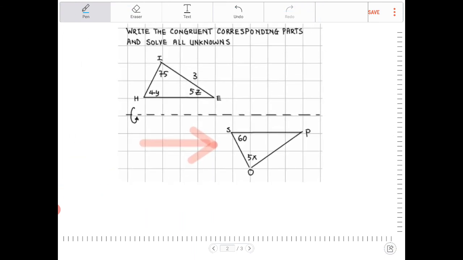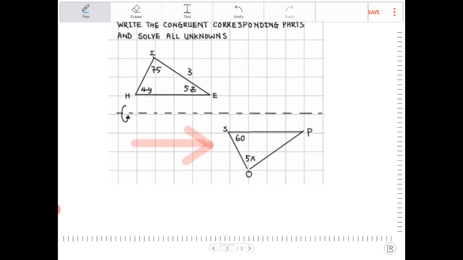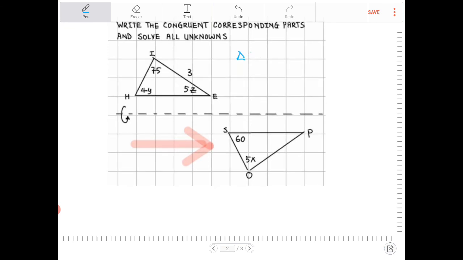Moving on. Alright, so again, triangle SOP is congruent to triangle HIE.